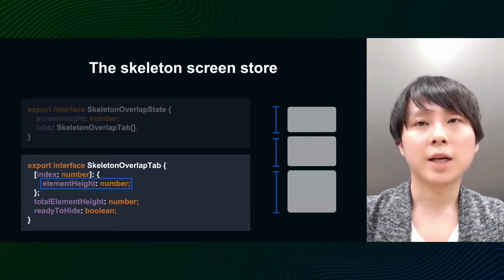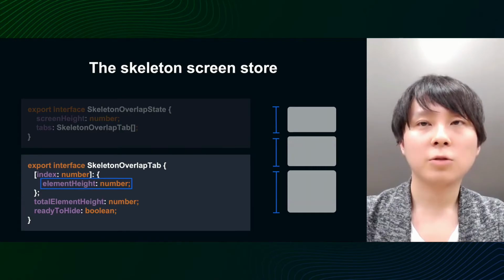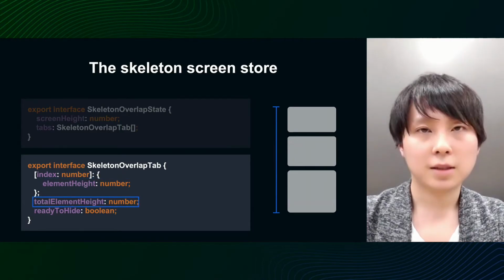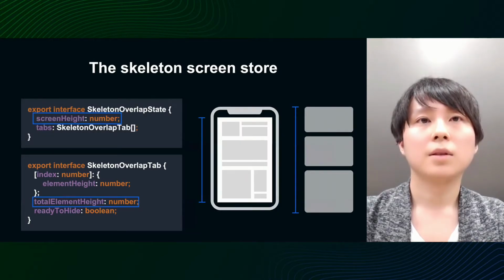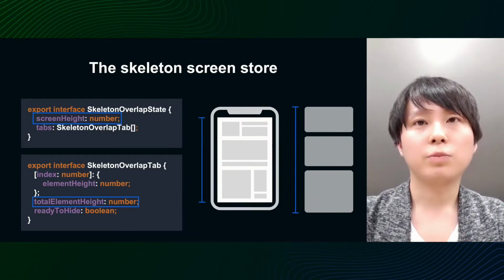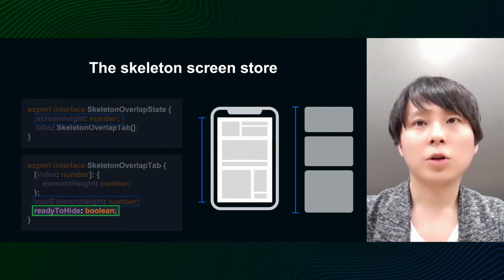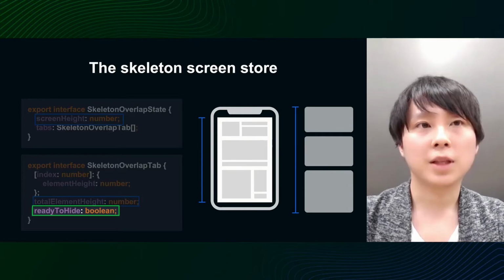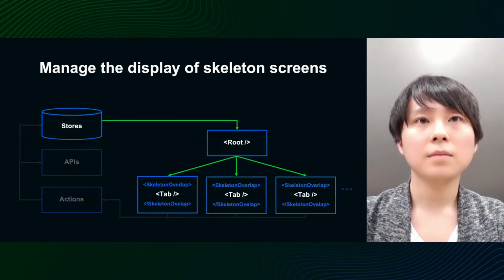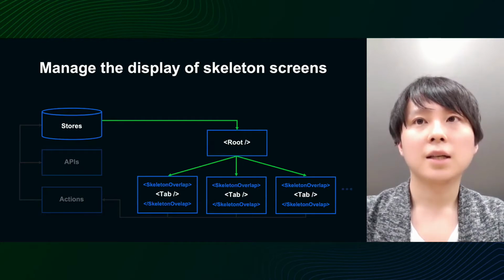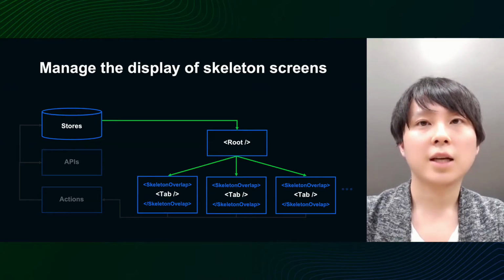The skeleton overlap tab object provides the height of each component in the tab. It holds the sum of those values. Then compare the sum of the values with the height of the viewport and decide whether to show skeleton screen or not. The value of ready to hide is passed to skeleton overlap component as a props, which enables the skeleton screen to be displayed separately.